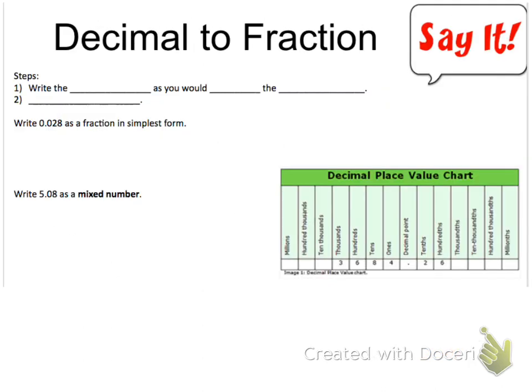Okay, let's talk about going from a decimal to a fraction. Sometimes going from a decimal to a fraction is actually really easy, as long as you know how to say your decimals properly. So your steps are to write the fraction as you would say the decimal.